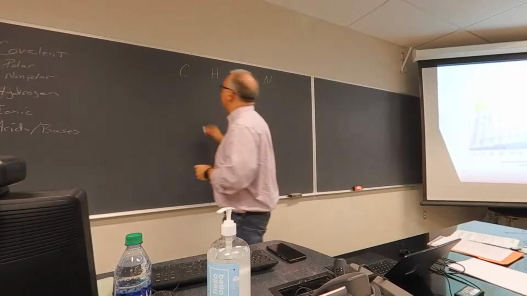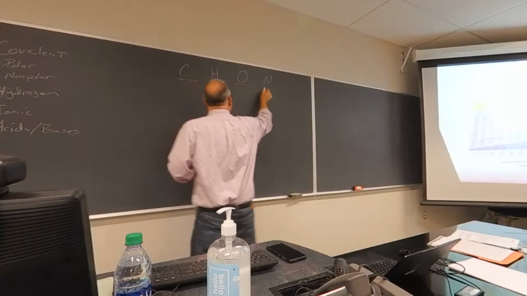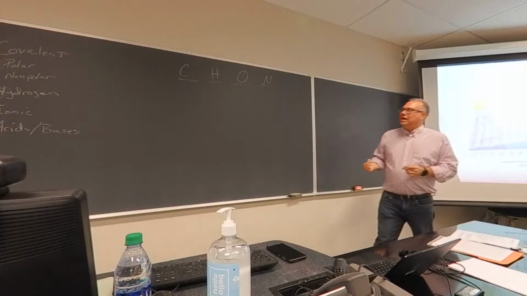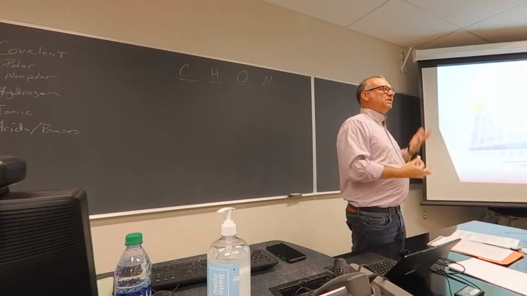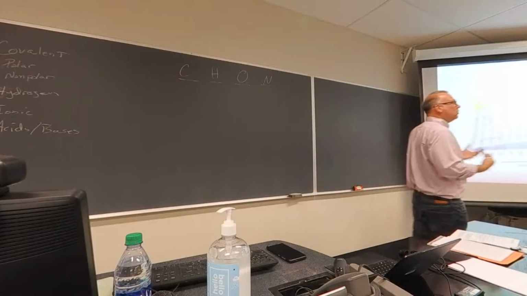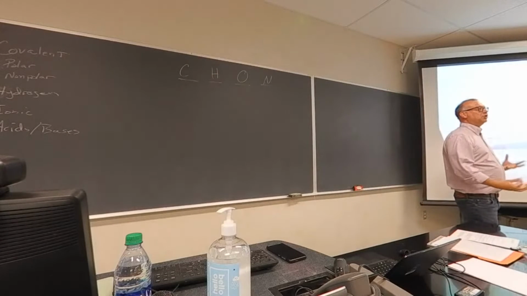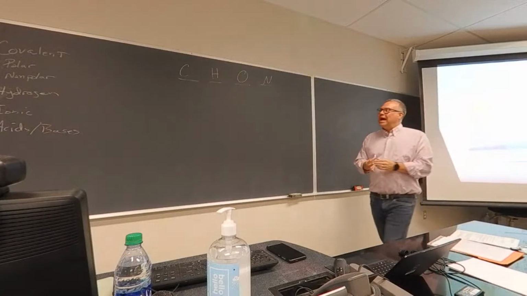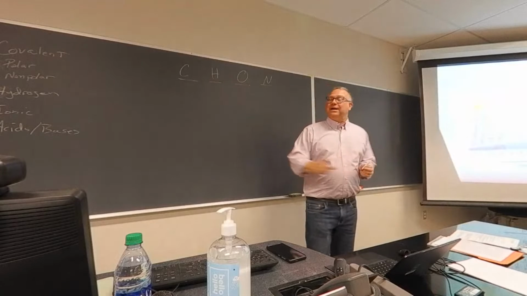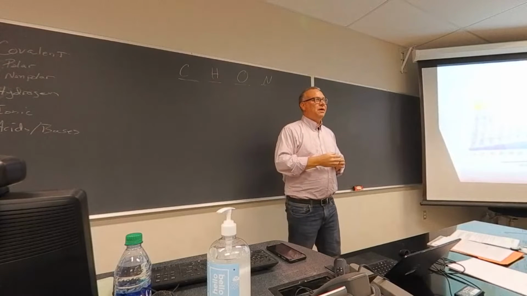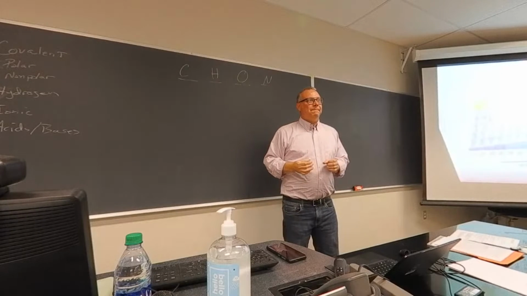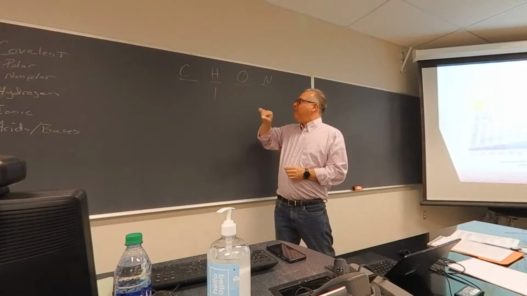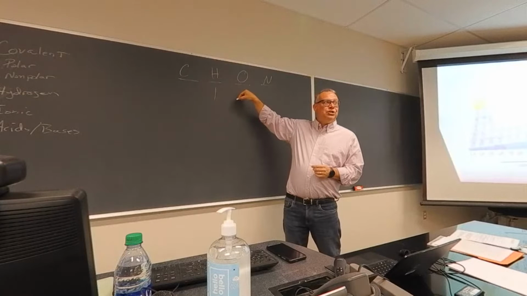The cool thing about these 4 is this. If we just make this general statement, based on what we've been doing so far with how the periodic table is structured and playing around with drawing atoms and now drawing molecules, how many covalent bonds can you make with hydrogen? 1. How many can you make with oxygen?